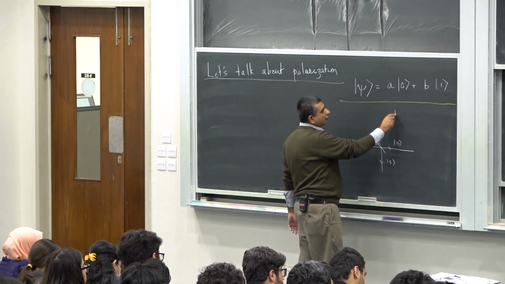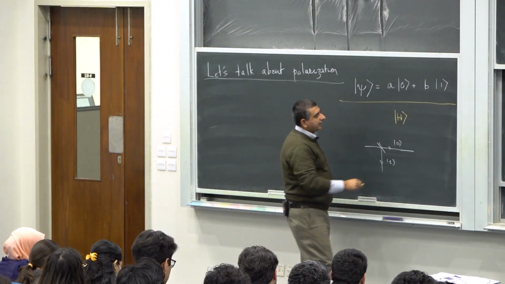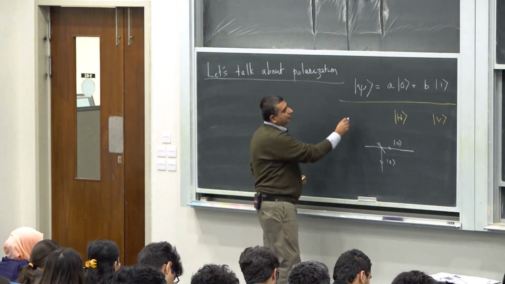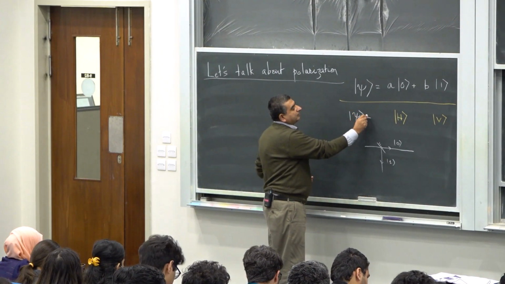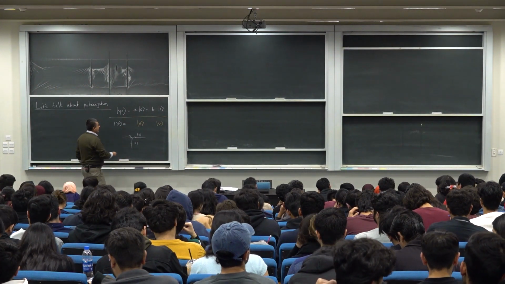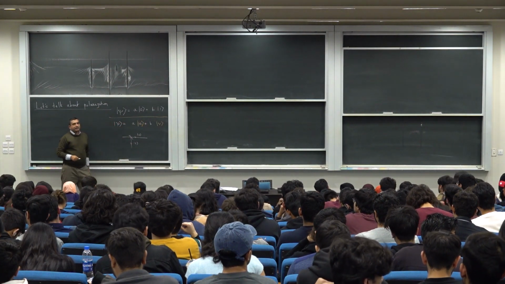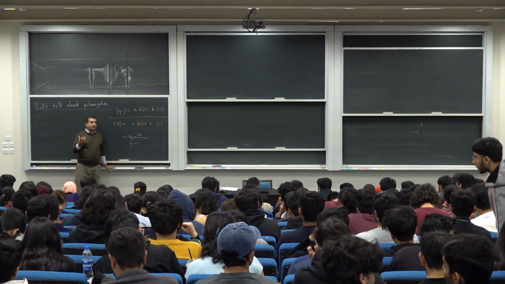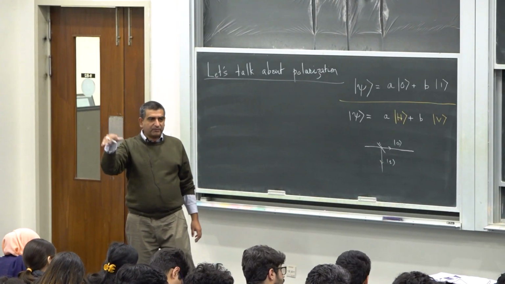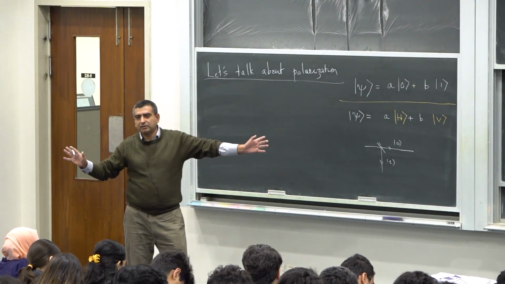I will call a horizontally polarized photon ket H and a vertically polarized photon ket V. Any quantum state can be represented as a combination of ket H and ket V, with coefficients A and B. H and V are different labels for the basis states, and I choose these labels to differentiate from the path discussion. So far so good.